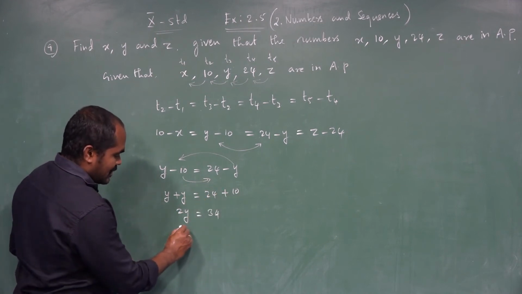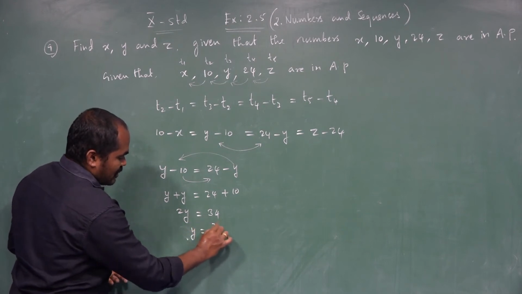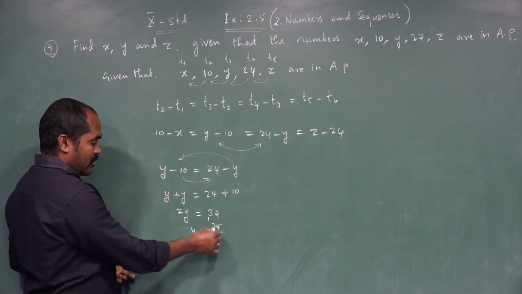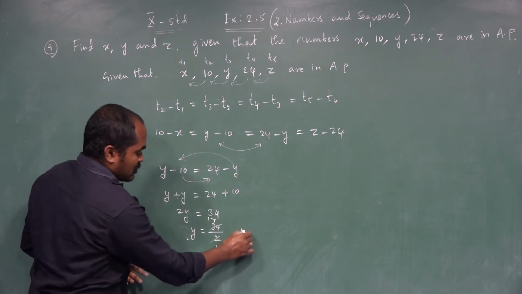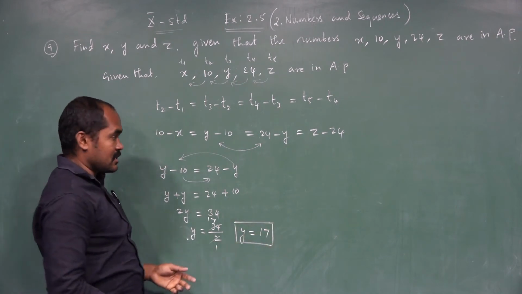So 2y is equal to 34 means y is equal to 34 by 2. 1 2 is 2, 1 2 is 2, remaining 1, 7 2s are 14. So the value of y is 17.